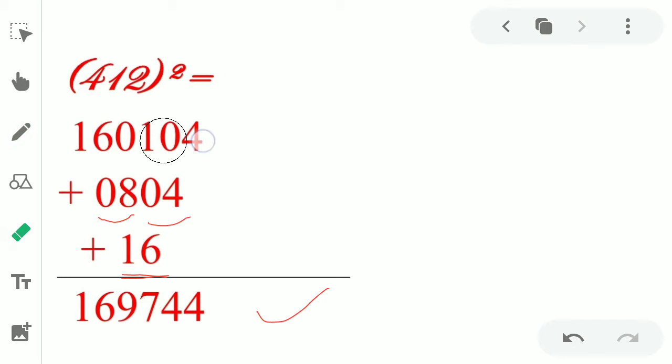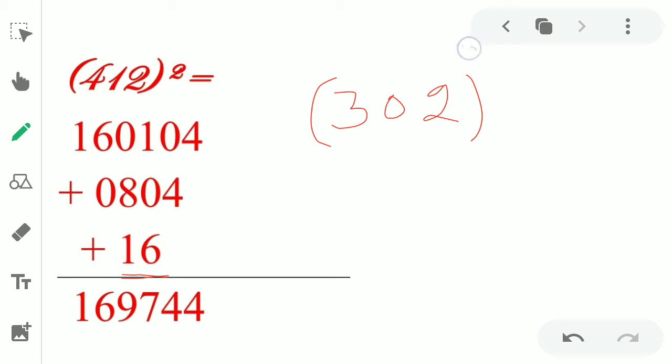So we can find the square of any 3-digit number or any 2-digit number using this technique. For example, if there is 0 in the middle, 302, we have to find the square of this number.